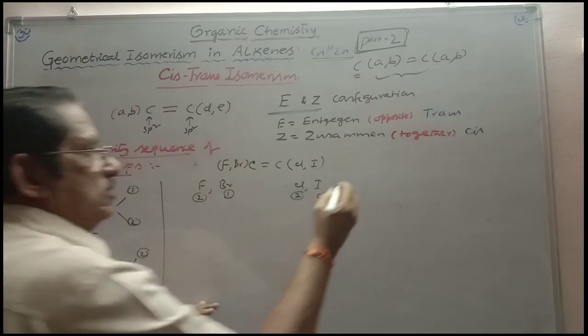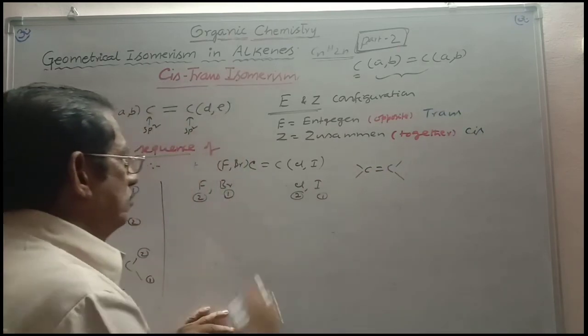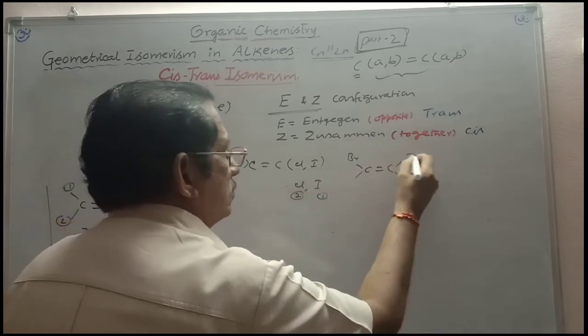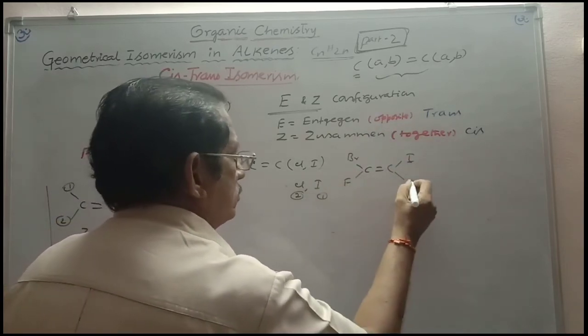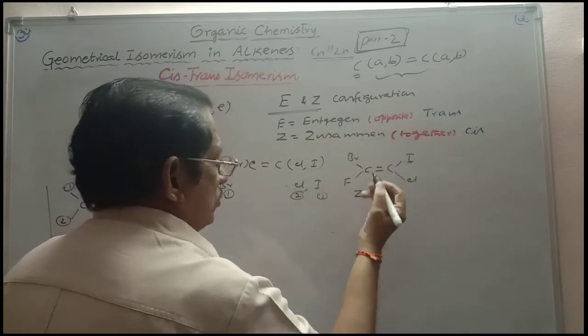Then arrange the C double bond C like this: first priority Br here, first priority I here, on the same side, and here F, here Cl. This is what you call same side, Z configuration.